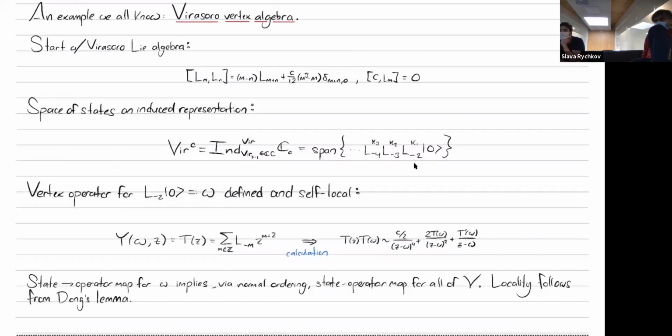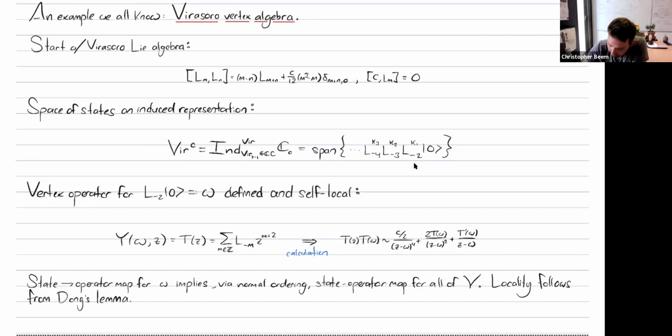Okay. Just to see how obvious it is that you have a state operator map for all of V. Is it obvious to see that L_-1 is a translation operator? For a mathematician, for a physicist, yes.